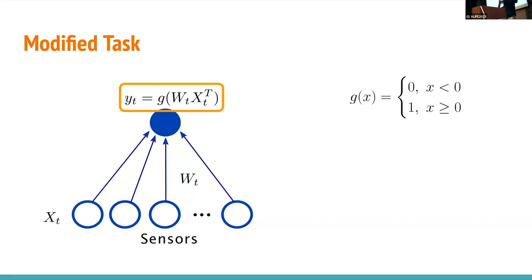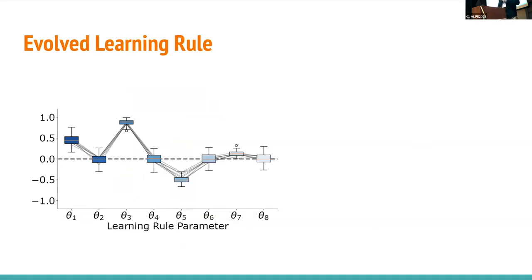It only needs to know whether it eats or doesn't eat. So we can pass the output through a stepwise function. So we make this small change and keep everything else the same. So the evolutionary algorithm is the same, what we evolve is the same, the loss is the same, everything else. And what we get now with a small change is a learning rule that looks somewhat different.